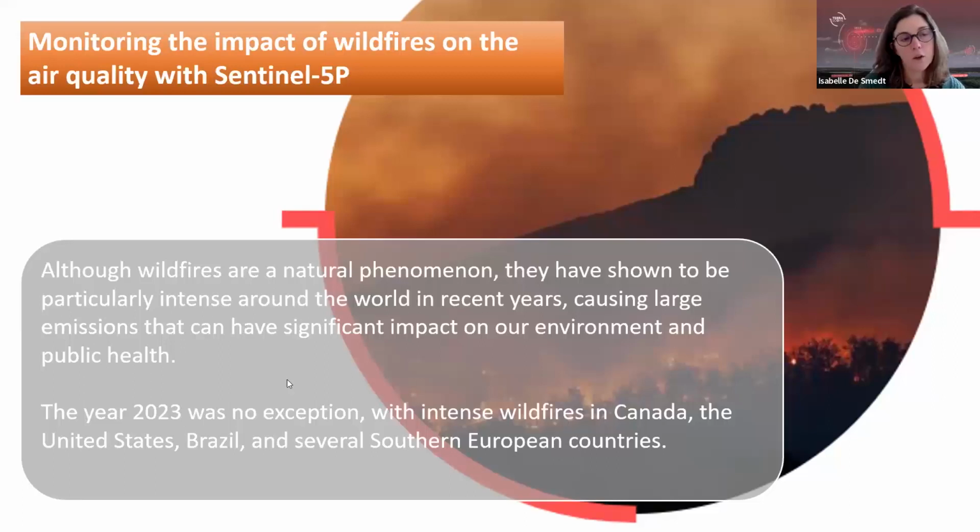So we know that wildfires are natural phenomena, but they have shown to be particularly intense around the world in the most recent years, with a large impact on the air quality and the environment, of course. And so in 2023, we had very intense wildfire in Canada, but not only.